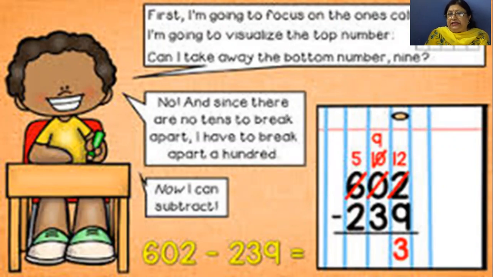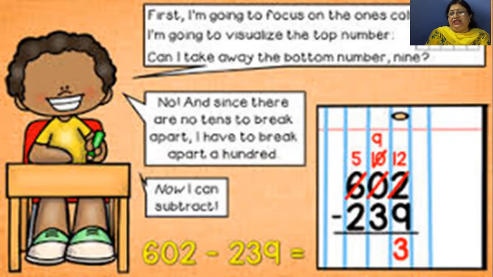Since there are no tens to break apart, I have to break apart the 100. The tens also have 0. Then what to do? How will I subtract? This is the problem which many of you face. You forget what to do now. How can I subtract? I go to hundreds and I borrow 1 from hundreds.